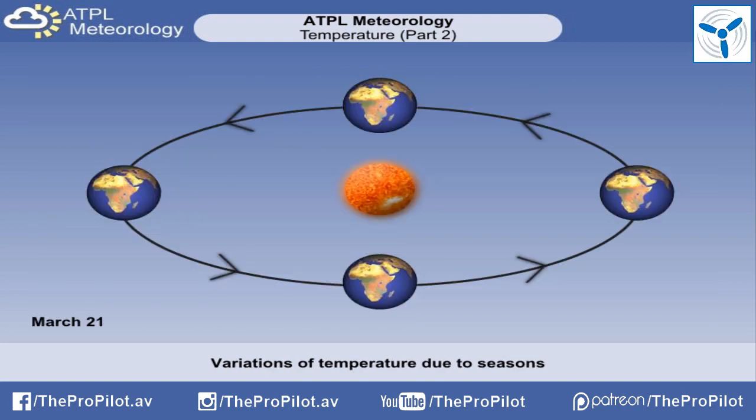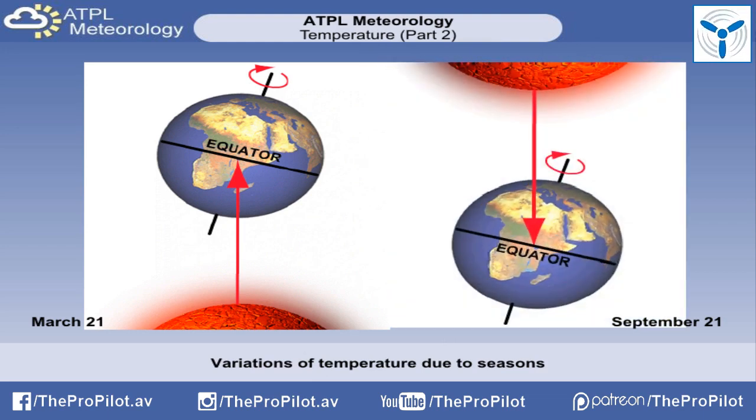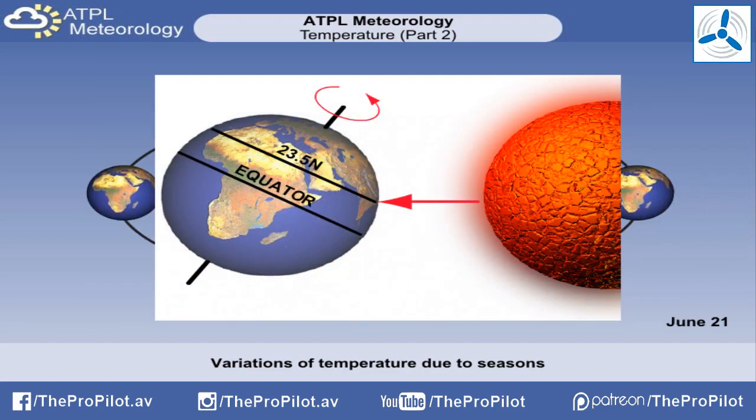Each year, on March 21st and September 21st, the Sun is directly over the equator. These occasions are known as the vernal and autumnal equinoxes. On June the 21st, the Sun is directly over the Tropic of Cancer, and the Northern Hemisphere enjoys its summer season.